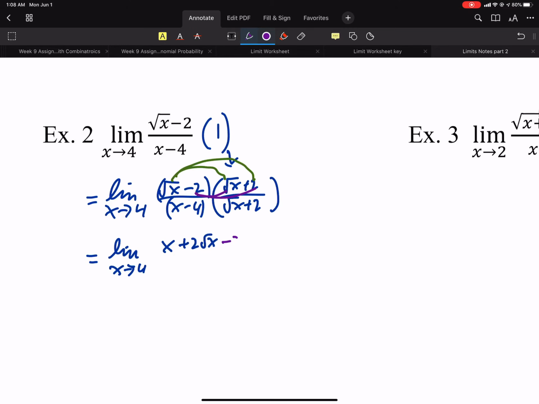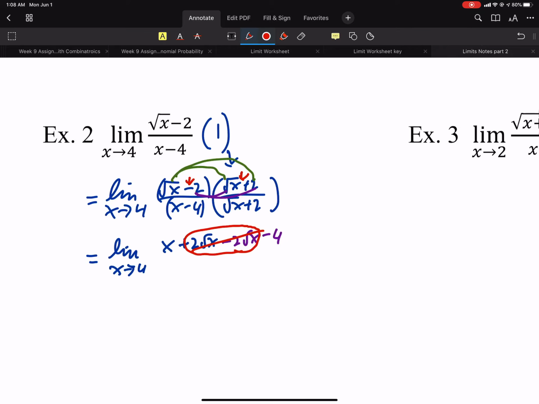So I'm going to get minus 2 radical x minus 4. So you should have recognized this as like a difference of 2 squares. And whenever you have a plus and a minus, those middle terms are going to cancel out. That's why you multiply with the minus and the plus. The middle terms will be canceled, and you eliminate the square root. That's why that works. It's like a difference of 2 squares type thing.